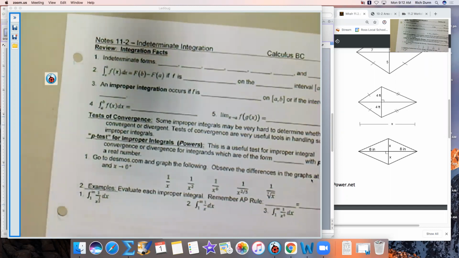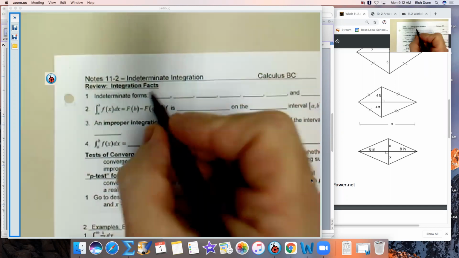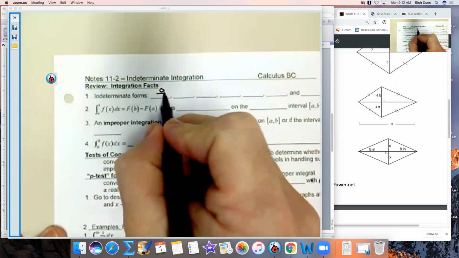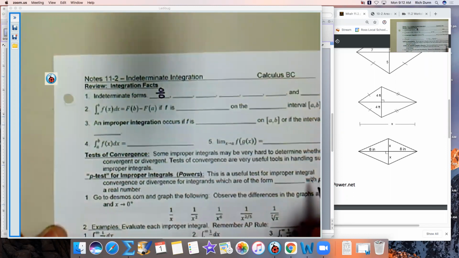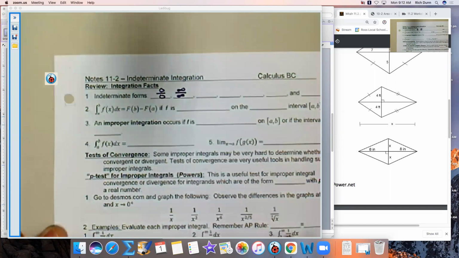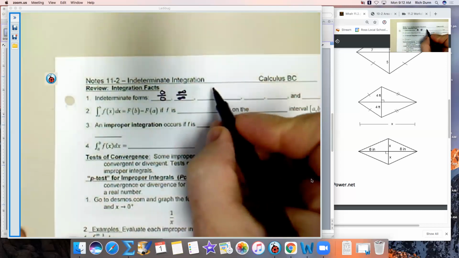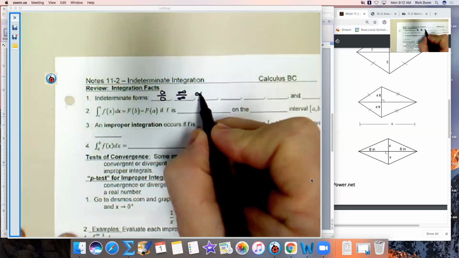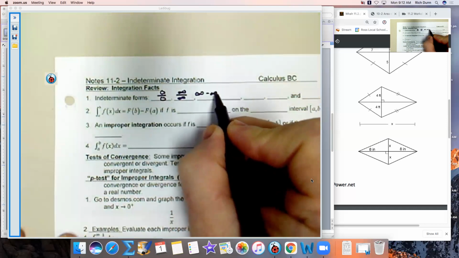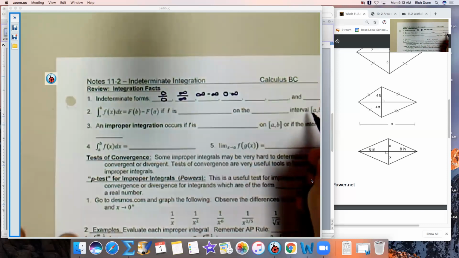So, quick little review. We have indeterminate forms whenever we have a 0 divided by 0 or an infinity divided by infinity. And as you recall, we used L'Hopital to get out of that a while back. A few other indeterminate forms are when we have infinity minus infinity, or 0 times infinity.